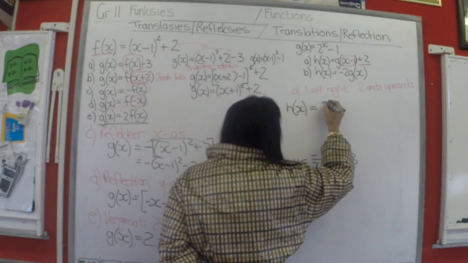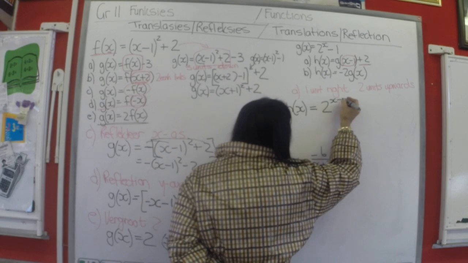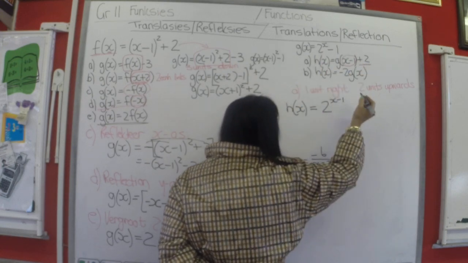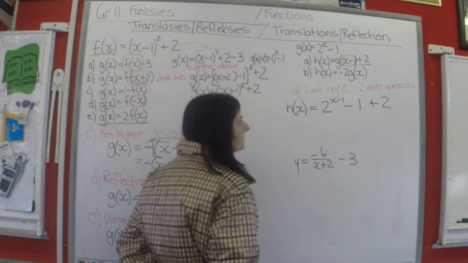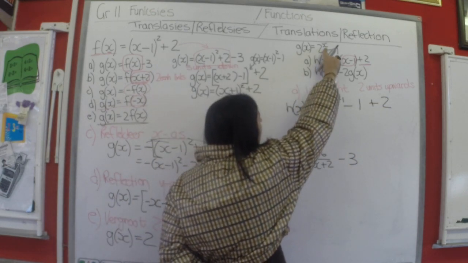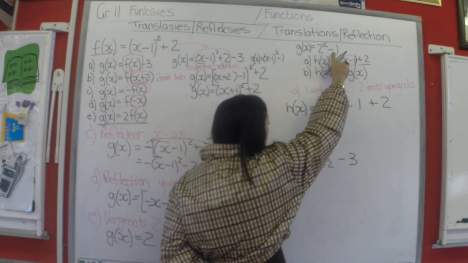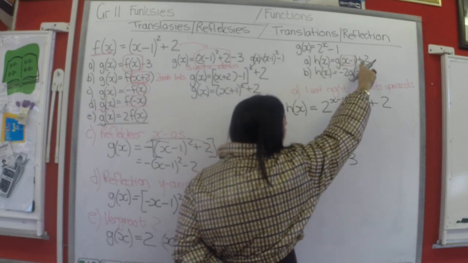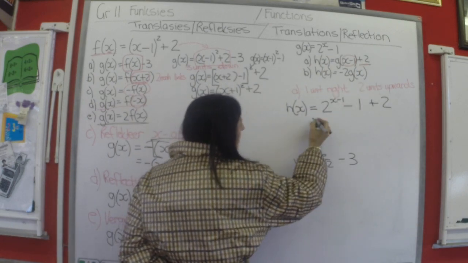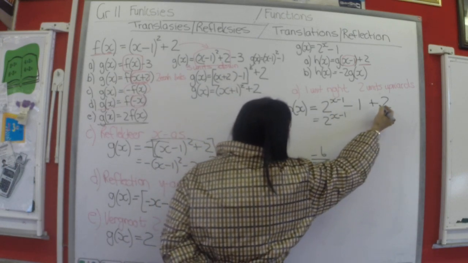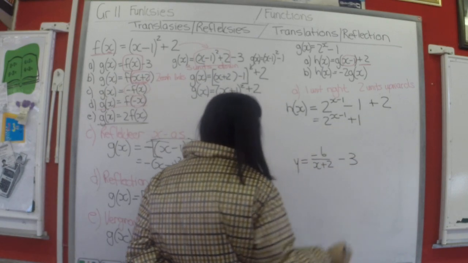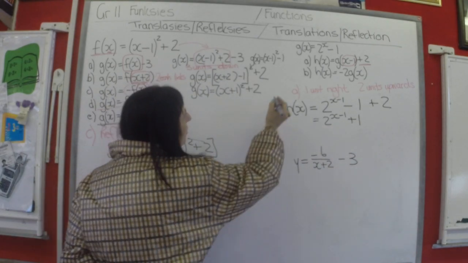Wat gaan ons in x se plek insit? X min 1. So ek het x vervang met x min 1 en dan sit ek nog 2 by. Very easy. So, see, ek vervang x met x min 1, min 1 skryf ek nog steeds en dan sit ek plus 2 na die tyd by. So, there's my new hx. Minus 1 plus 2 is plus 1. Very easy. Ons gaan kyk na nommer B.